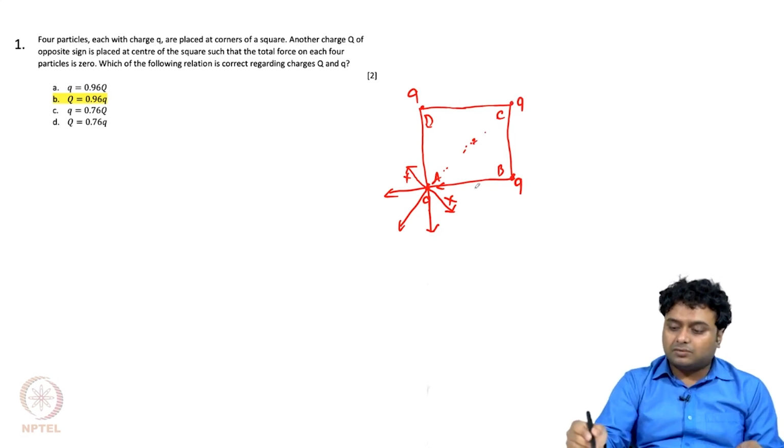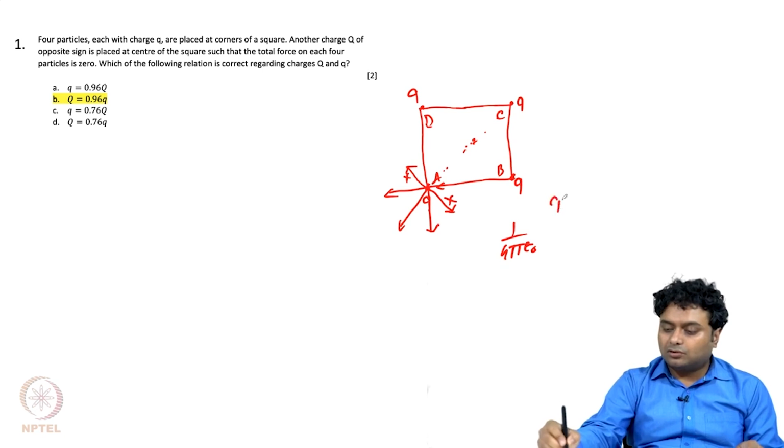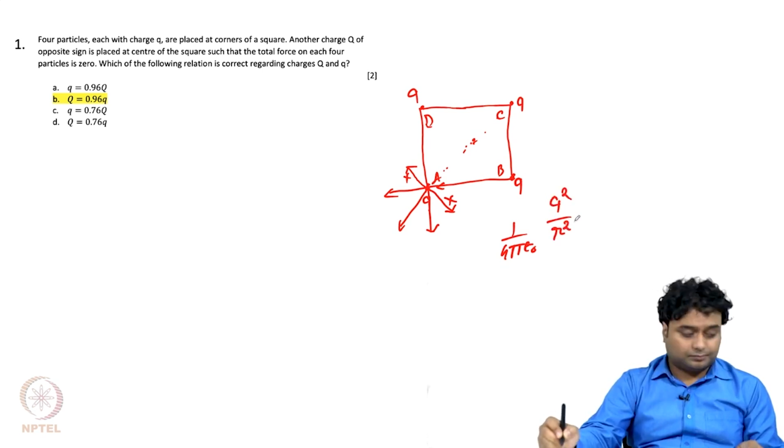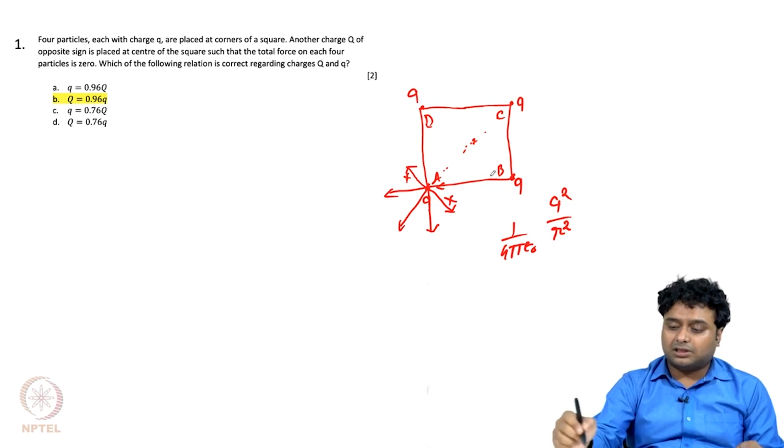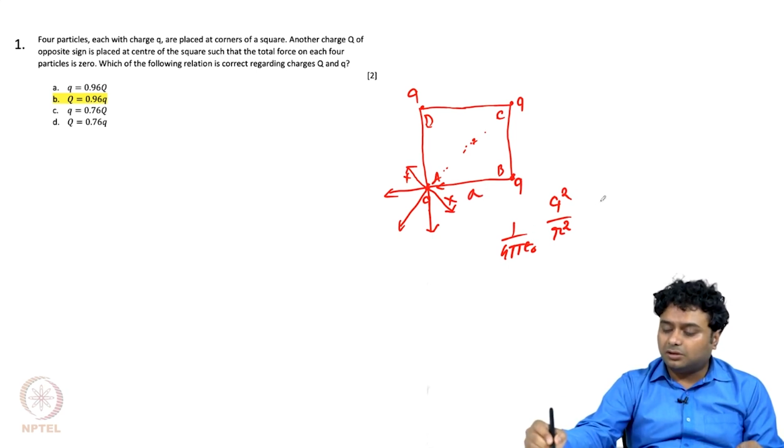Now what is the force between them? What is the repulsion force? The repulsion force, we know, is 1 by 4 pi epsilon naught q square by r square, right. That is the formula. Now let us say that each of these arms of the square has side A, and 1 by 4 pi epsilon naught is equal to k.